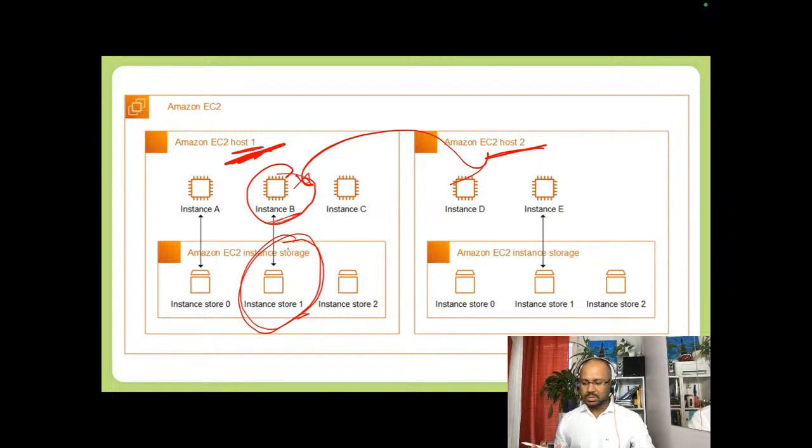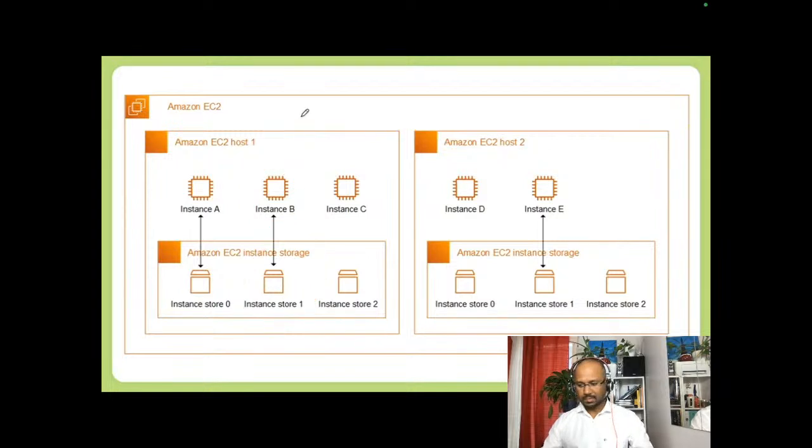So when we launch an EC2 instance, it goes on a certain host, and this host can change at any point of time. I will explain in a moment when it gets changed. But AWS doesn't guarantee that your EC2 instance's host will remain the same all the time.